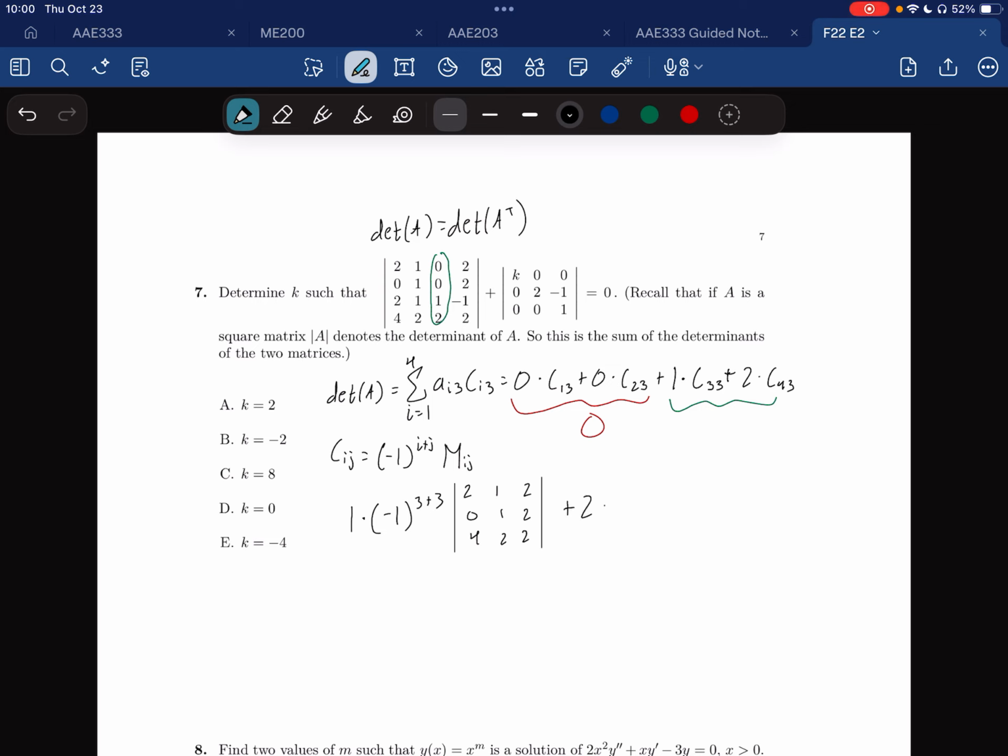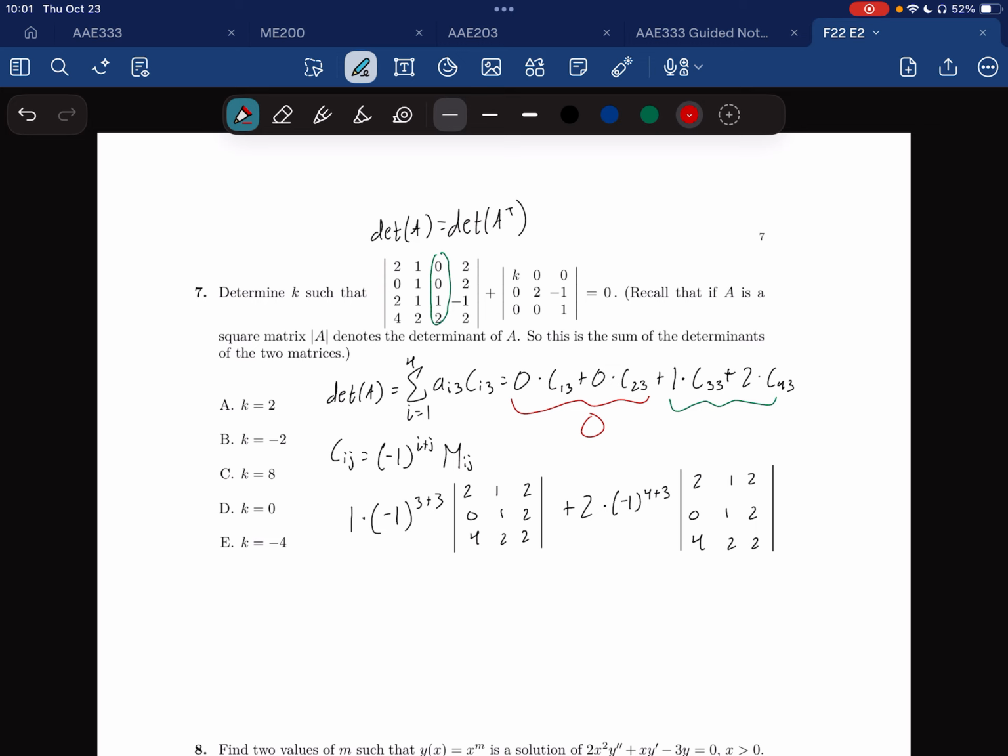Plus 2 times (-1)^(4+3), because we're looking at the fourth row, third column. And then our new matrix here, which is 2, 1, 2, 0, 1, 2, and 4, 2, 2. And again, how I find it.